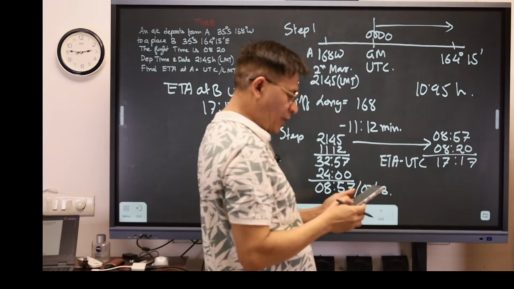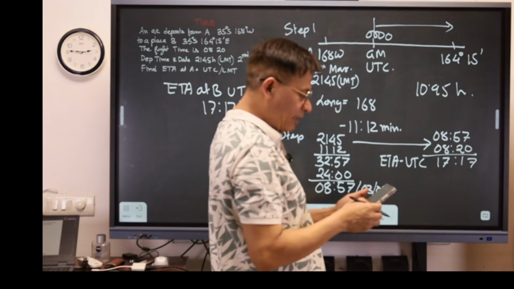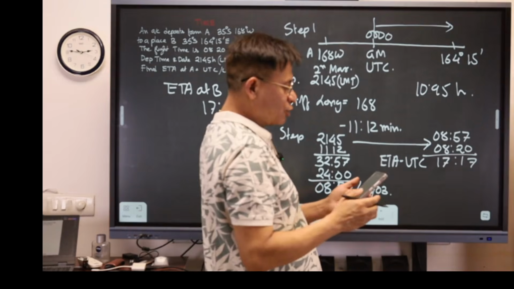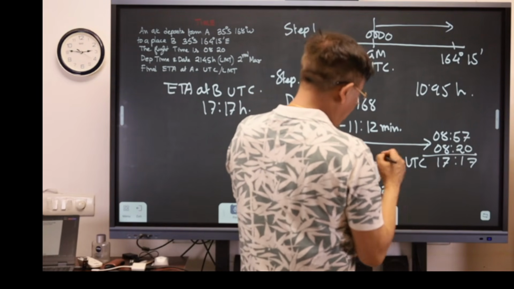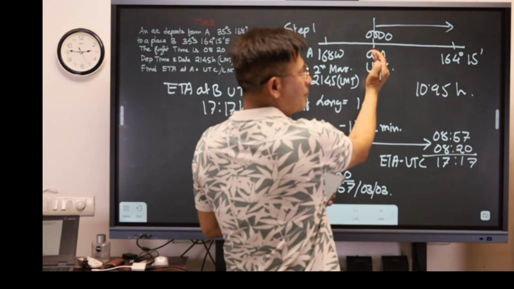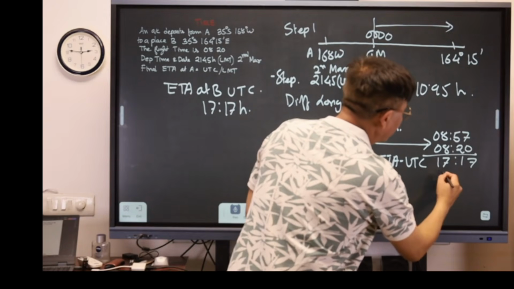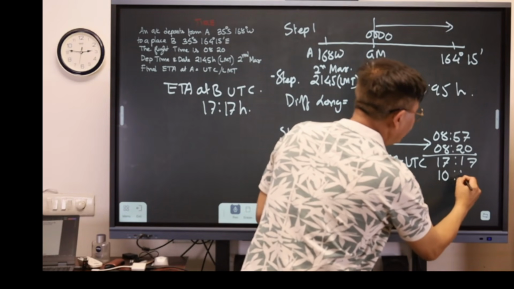I subtract the whole hours, that is 10, and the leftover decimal .95 multiplied by 60 is going to be 57 minutes. So the difference in time from the Greenwich meridian to this meridian is going to be 10 hours and 57 minutes.